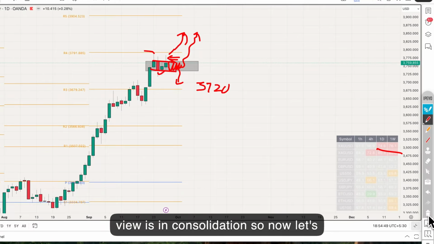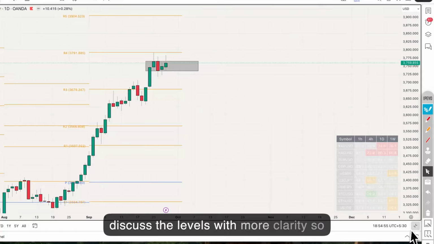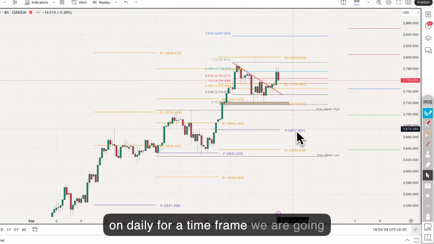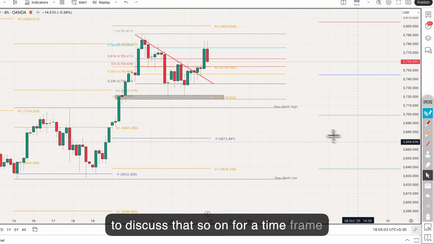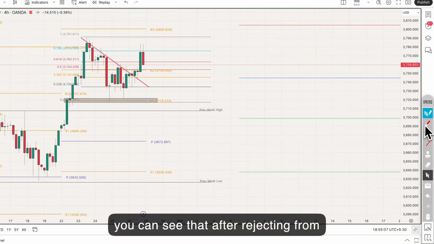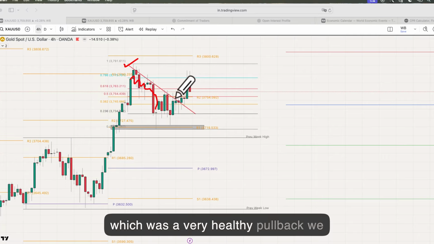So now let's move on to the lower time frame and discuss the levels with more clarity. On the 4-hour time frame you can see that after rejecting from here we have seen some pullback, which was a very healthy pullback.